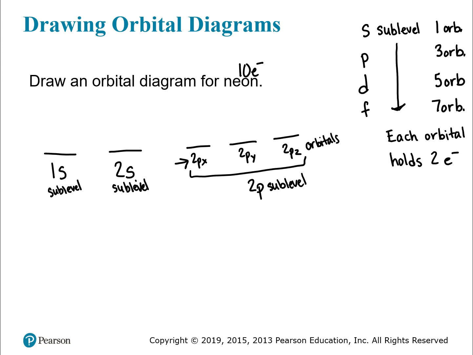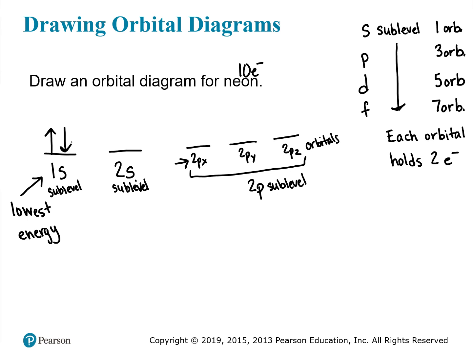So the way that we're going to fill this with electrons is we're going to start with the lowest energy level and the lowest sublevel. So that is the 1s. That's the lowest energy that we have. We can fit a maximum of 2 electrons in each orbital. There's one 1s orbital.